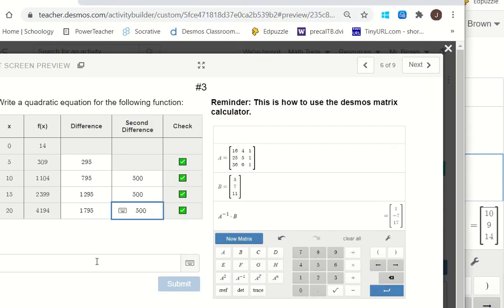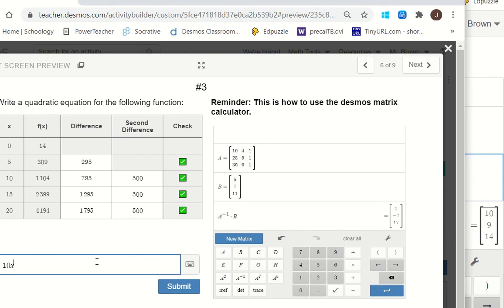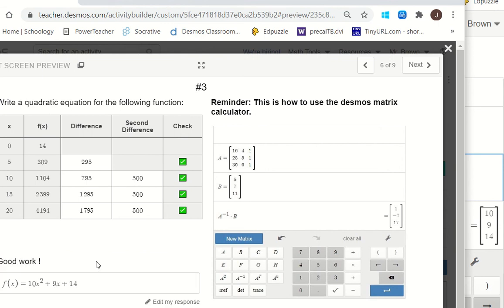So this should be 10x squared plus 9x plus 14. Bingo.